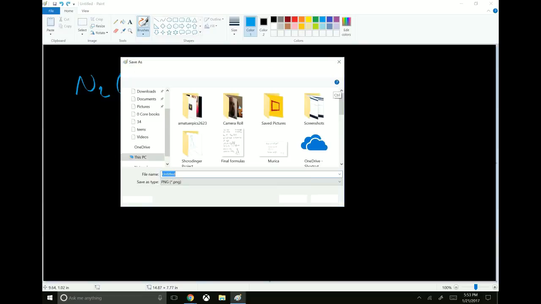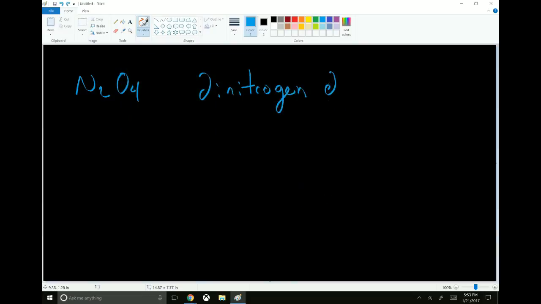The prefix for 4 is tetra, and then you'd have oxide. But you drop the final vowel, so it's just tetroxide, not tetraoxide. Okay? It's sort of an abbreviation.